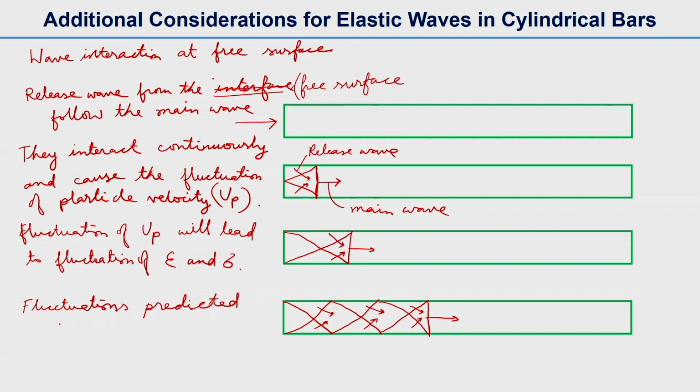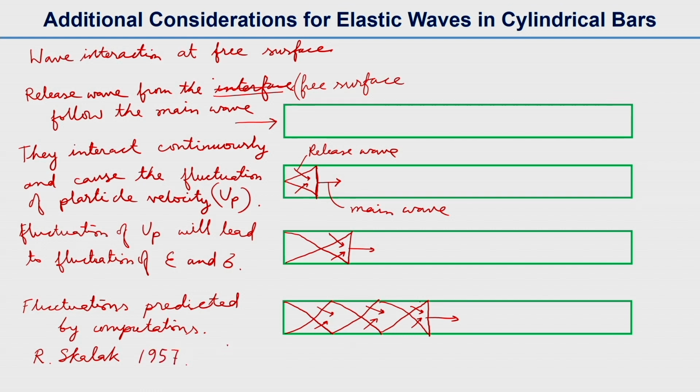So these fluctuations can be predicted by computation. For example, R. Skalak computed these stress wave predictions in 1957.